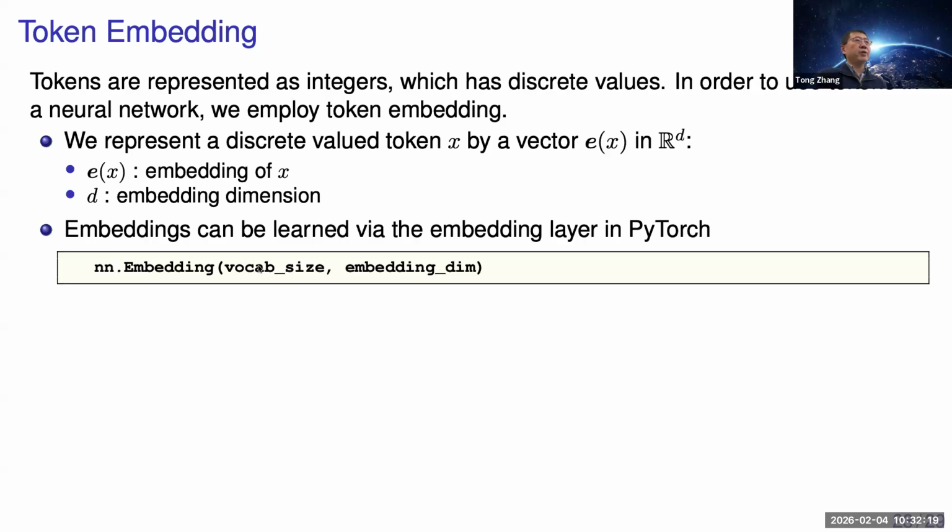For any integer in the vocabulary, you map it to a vector of embedding dimensions, and this can be learned. Basically, this is a special linear layer taking sparse inputs. For example, if your embedding dimension is 64 and vocabulary size 50,000, then it's a 64 by 50,000 matrix, but it's sparse because you're taking one token, so only one of these rows matters each time.